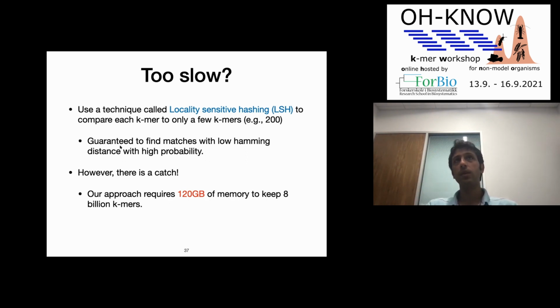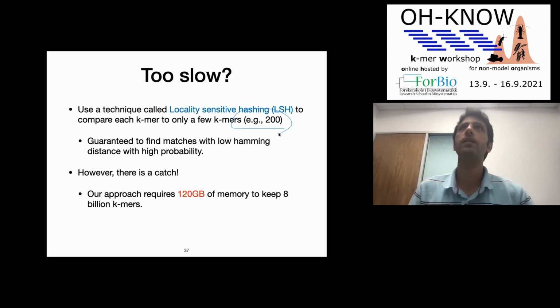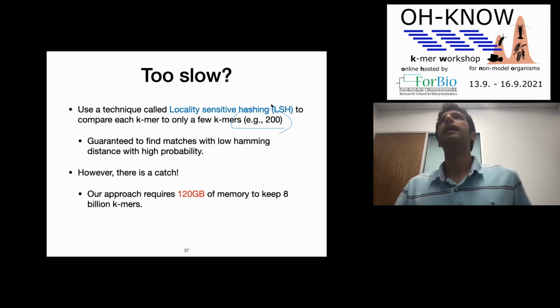But basically, what it allows us to do is take every k-mer in the read and compare it with very few k-mers in the reference library, let's say 200 of them. And if the k-mer in the query matches any of the k-mers in the reference library, it's going to be one of these 200 with very high probability. That's the beauty of locality-sensitive hashing, and that's what we are going to use.